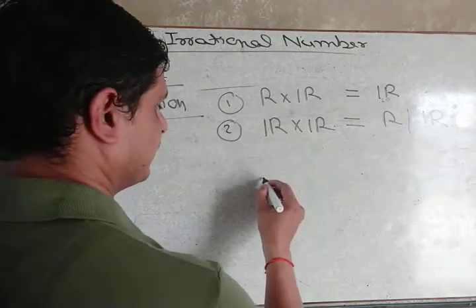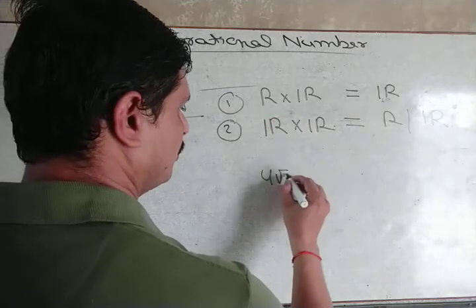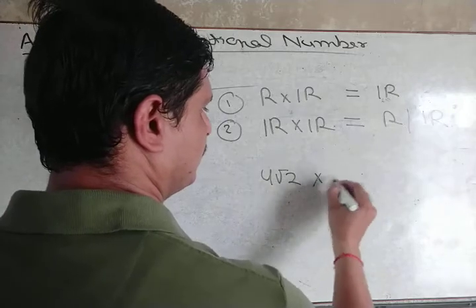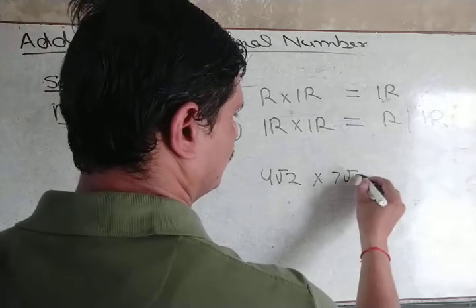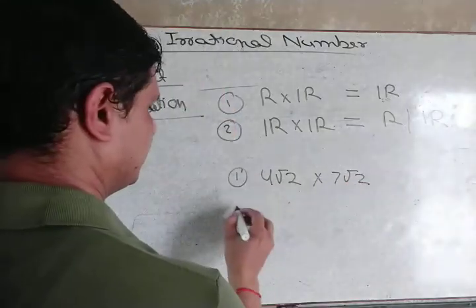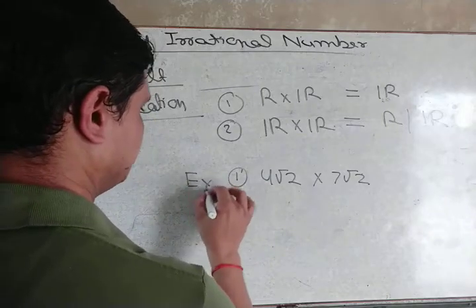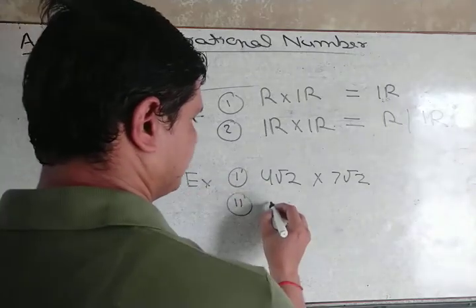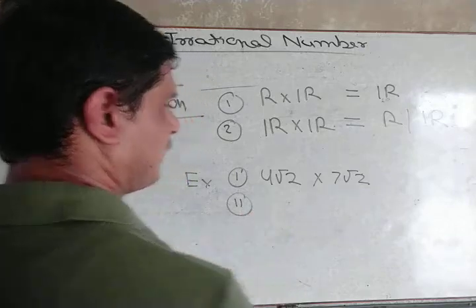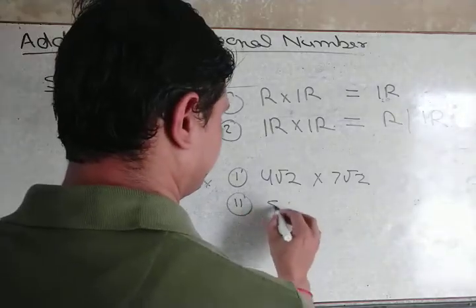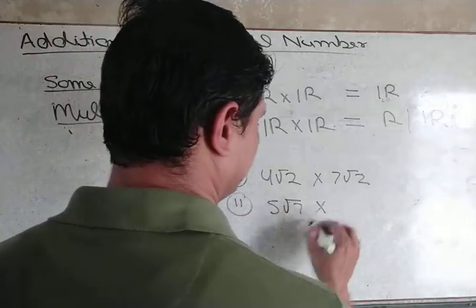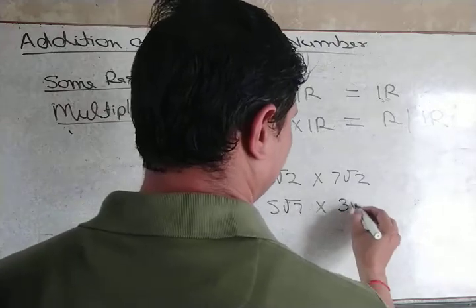Like we multiply root 2 into 7 root 2. First example. And the second example is 5 root 7 into 3 root 2.